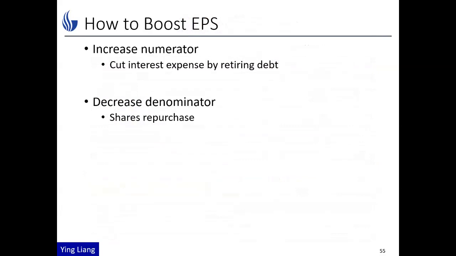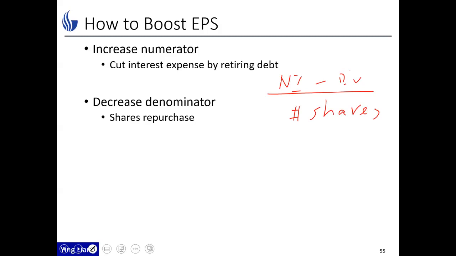So we know that in the short term, we have the net income minus the preference dividends divided by the number of shares. That's the formula. So there are two ways to improve this EPS number. The first is to improve the numerator. So I have to improve the net income, right? Numerator. There are some shortcuts to improve the net income, which is to cut costs.